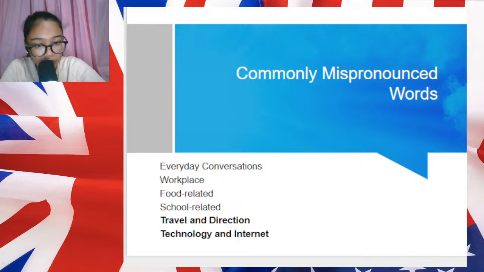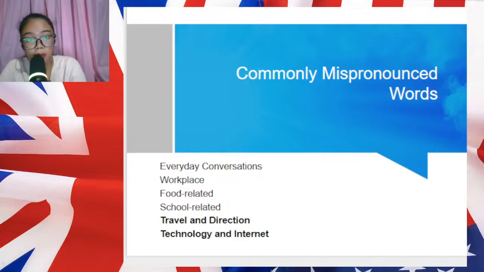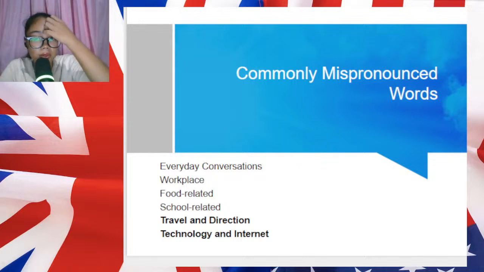Always remember that consistent practice and paying attention to how these words are used in real conversations and media will continue to improve your pronunciation. You should be consistent with practice. That's just how you better yourself in pronouncing these words. So don't be afraid to make mistakes despite how many times you practice.